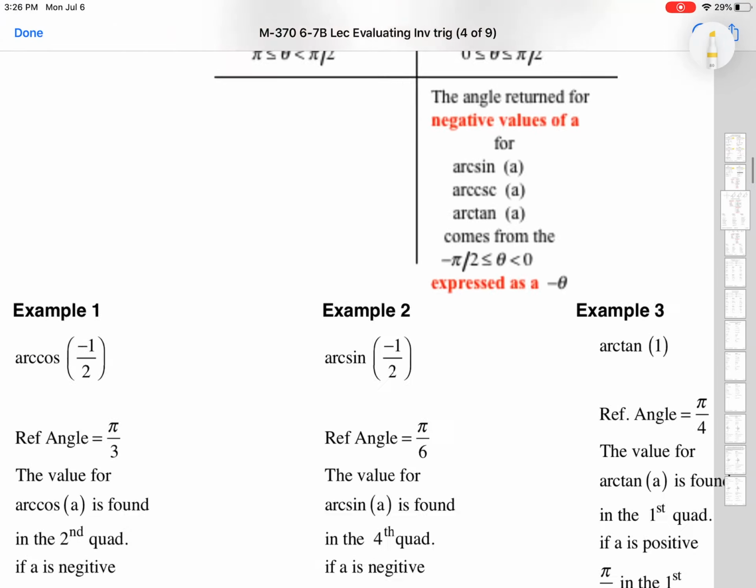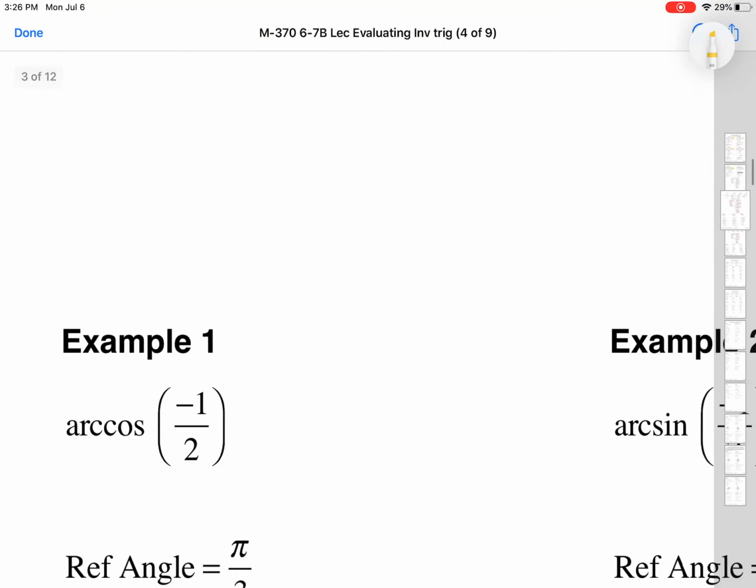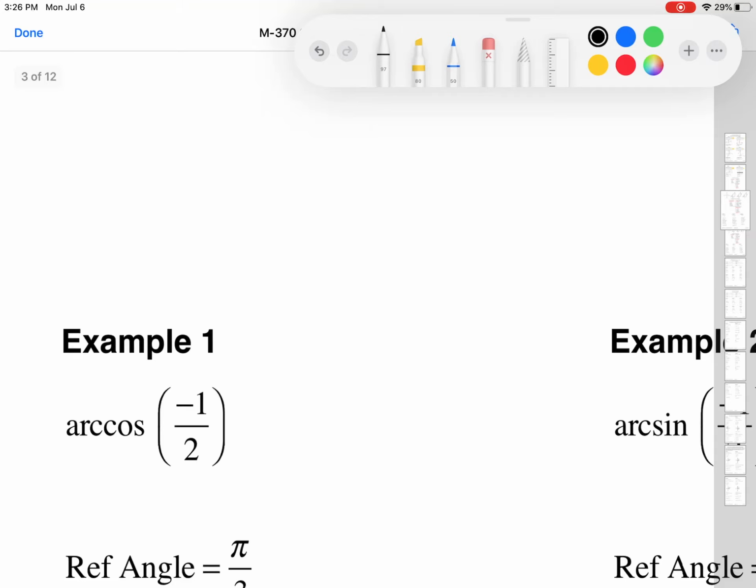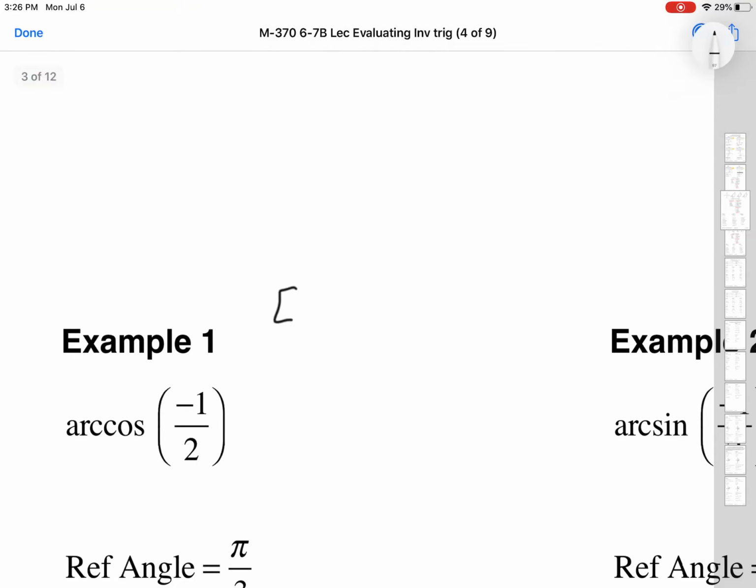Let's look at some examples. Here's how I would recommend doing it. If you have the arccosine of -1/2, step number 1, know its output. Its output is between 0 and pi. It can only be in the first quadrant or second quadrant. You absolutely know it's in the second quadrant. Why? Because in the first quadrant, everybody's positive.